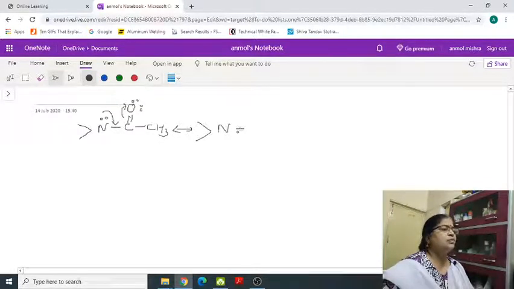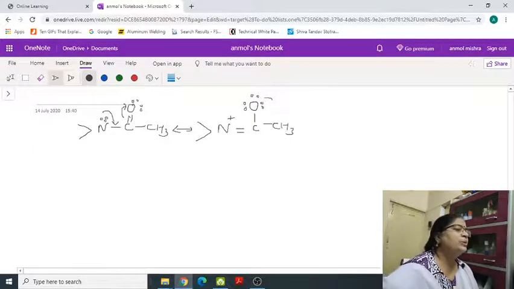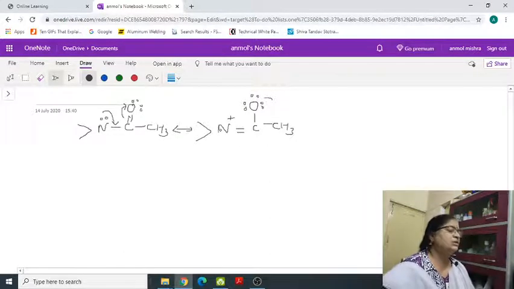So it will form a double bond and positive charge, single bond, O. So the electron pair of nitrogen is involved in resonance. That is why it is difficult to donate. Therefore, the activating effect of the NH2 group is decreased.